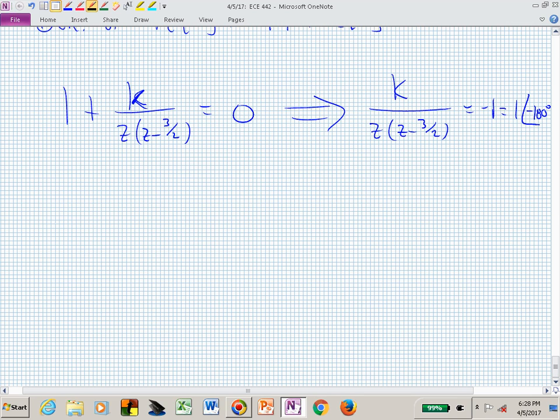This is now suggesting that that equation really has two pieces to it. We have a magnitude piece and a phase piece, or an angle piece. The magnitude condition is what we are going to use to actually find a formula for K. For complex values of z, that left-hand side is going to be a complex number.